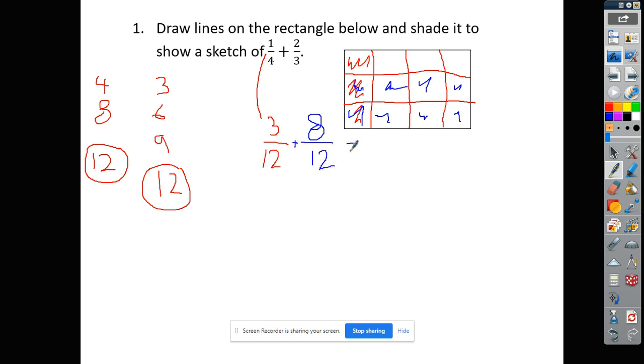So then I know that once I've got that as 12ths, I can add up the number of 12ths I have, which is 8 and 3, which gives me 11/12. So we're going to have a look at one more example.